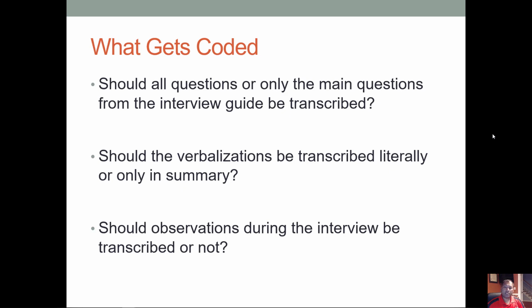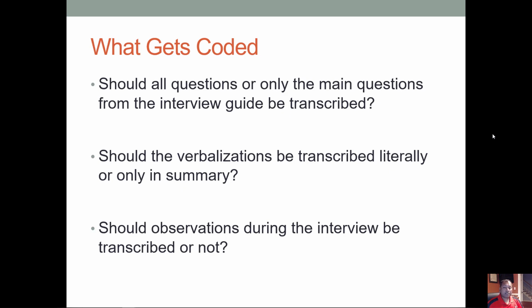Also, another question is, should we transcribe the verbalization of the questions or the responses literally? And many a times the answer is going to be no. But it really depends. In some cases, you need to do that for veracity of the data.